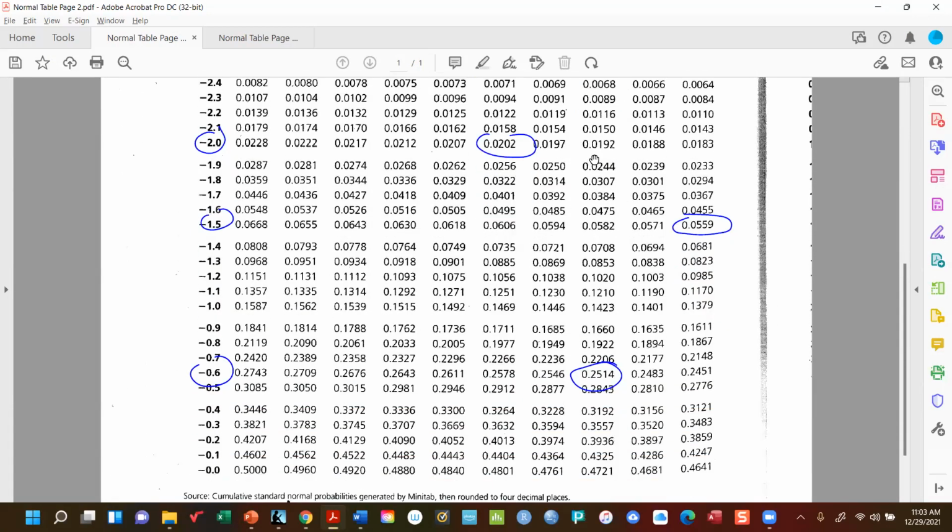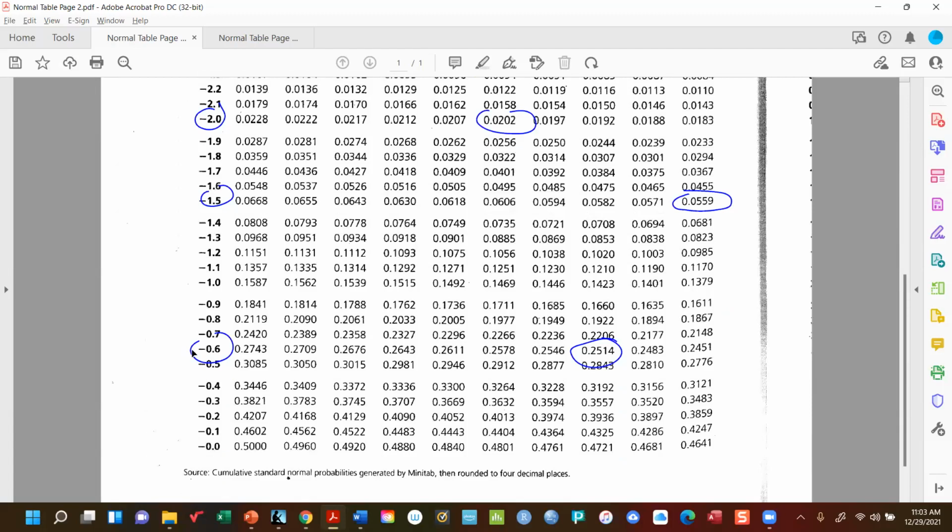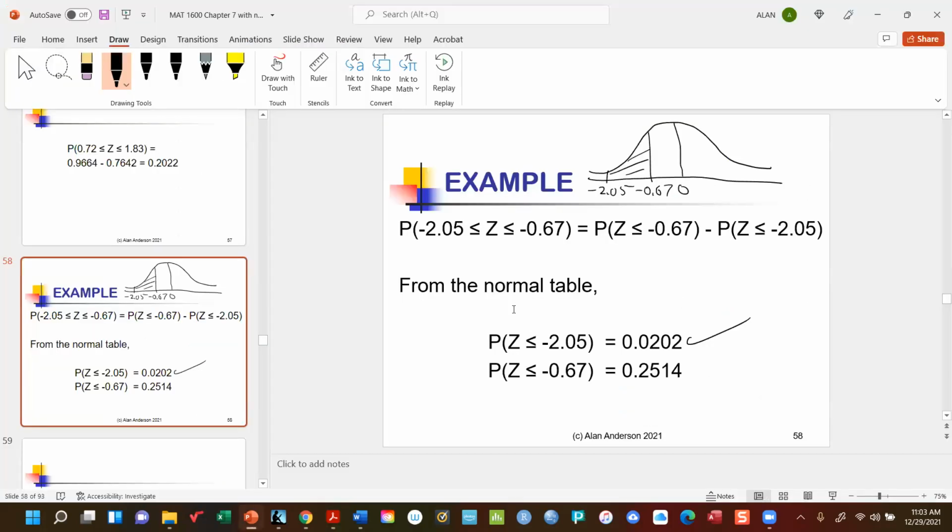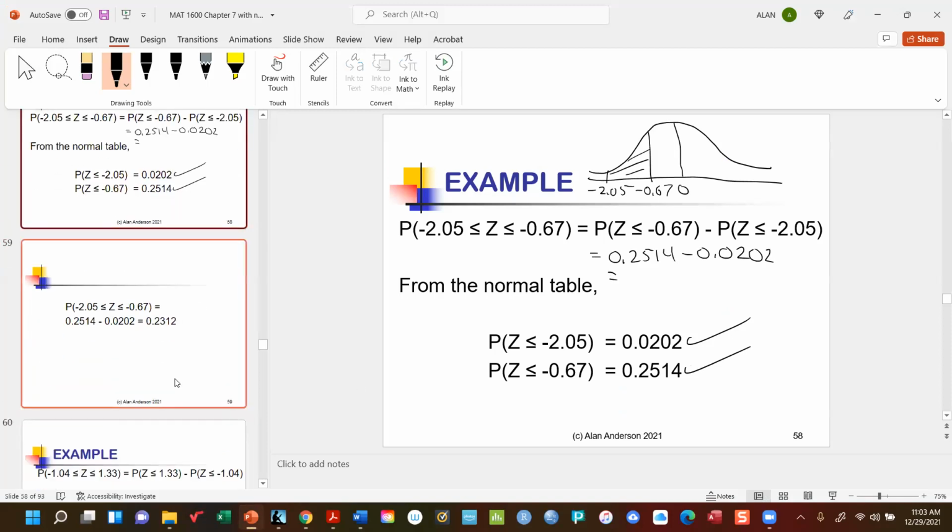That's the 0.07 that we need. That's the point, negative 0.6. So the two bring me to 0.2514. So that one has been done correctly. And then you just subtract. And that turns out to be 0.2312. And that's it.